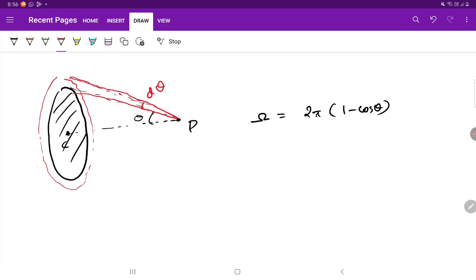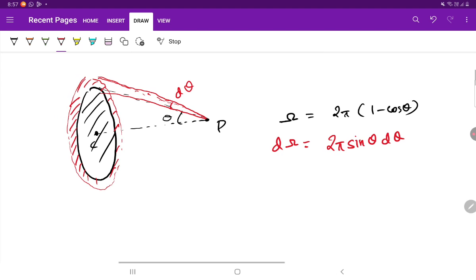Can you tell me the magnitude of the solid angle subtended by this circular strap, which I have indicated using red shades? Just simply differentiate: d Omega will be 2 pi sin theta d theta. So this is one small concept we'll be using to solve this problem.